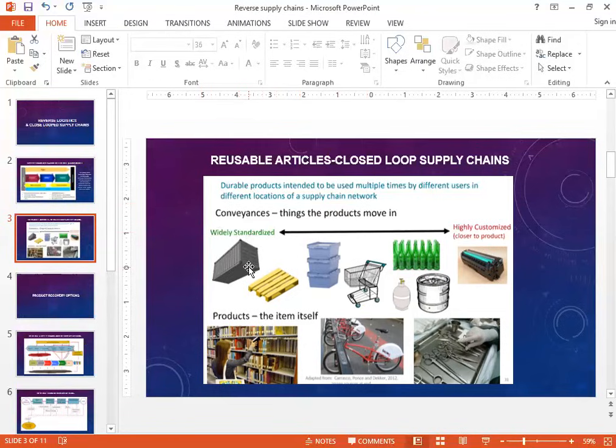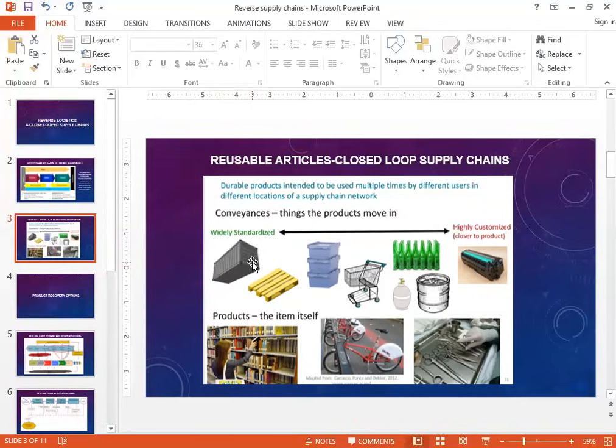The biggest example, and it's very standardized, is containers. They're usually 20-foot containers and 40-foot containers that have a lot of cargo. And these containers are put on ships usually and shipped. So again, these containers are reused. This is a reusable article, and it's widely standardized.